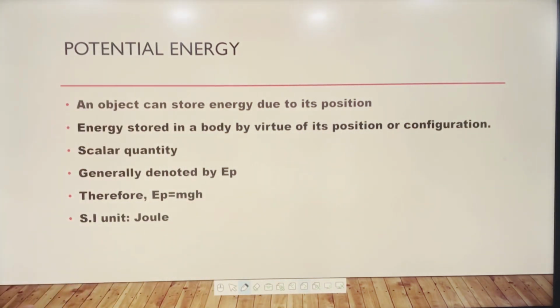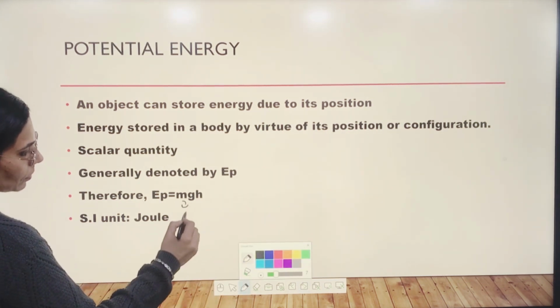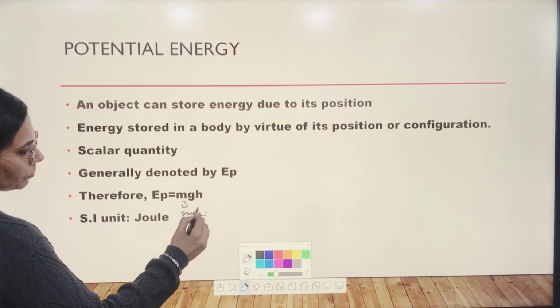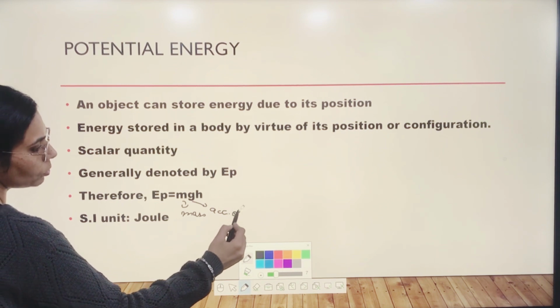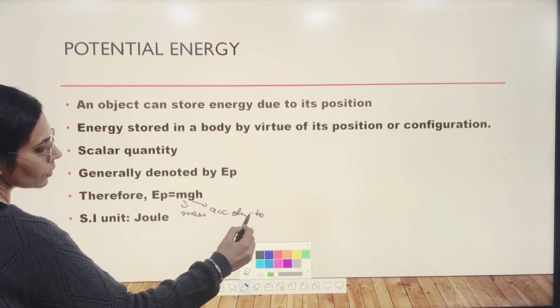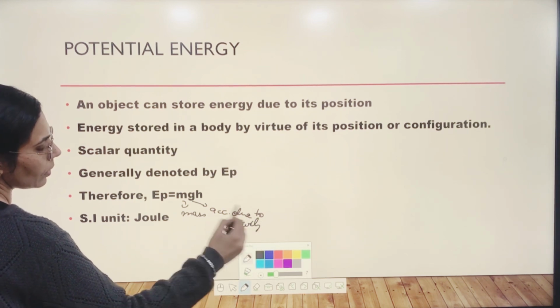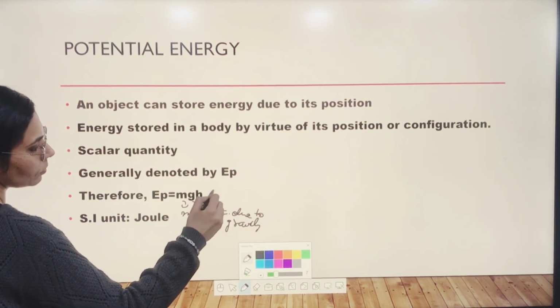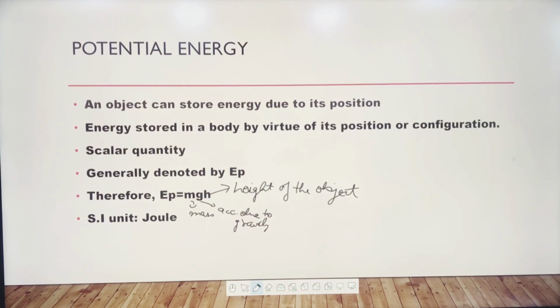Therefore, EP is equivalent to mgh, where m is mass, g is acceleration due to gravity, and h is the height of the object.